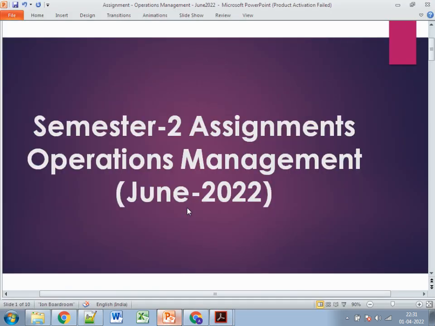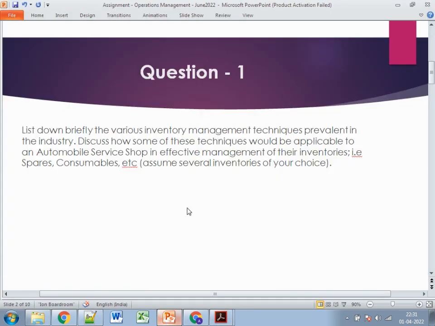The first question is: list down briefly the various inventory management techniques prevalent in the industry. Discuss how some of the techniques would be applicable to an automobile service shop in effective management of those inventories, that is spares, consumables, etc. This question is all about inventory management, and after that you need to relate it with your automobile service shop.